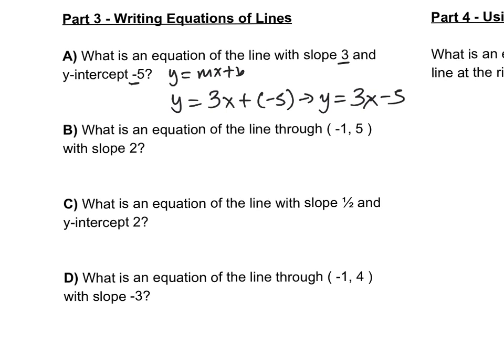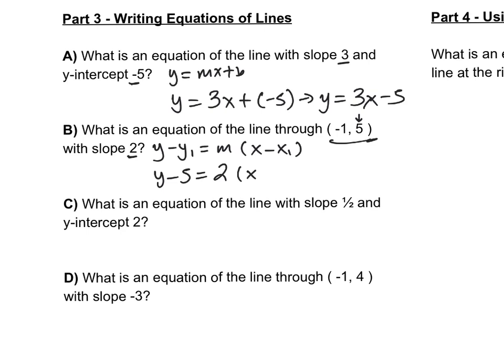And then in part B, we're given an ordered pair with a slope. So this is going to be the point-slope form, which is y minus y1 is equal to m times x minus x1. Y minus y1, well, what is y1? 5. Our slope is 2.